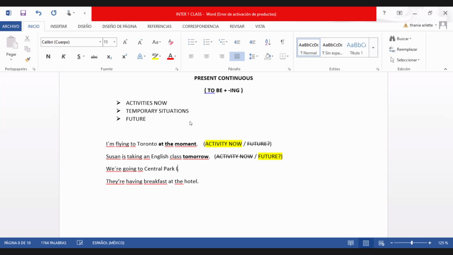In the afternoon, another time expression for the future. They're having breakfast at the hotel on Wednesday. That is also a time expression for the future. So we are interested in the present continuous, but when it refers to the future.